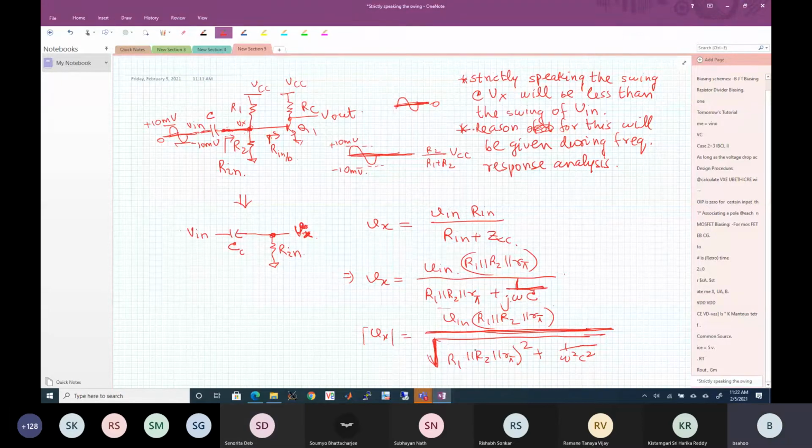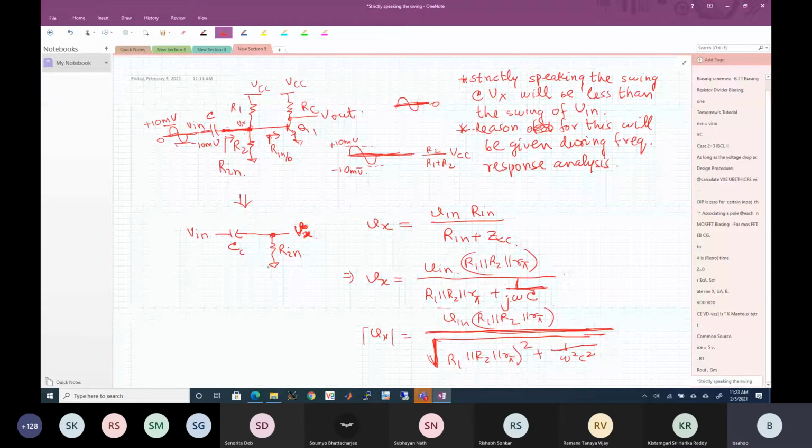So then this is what you are getting for Vx. Now watch, how should you size the capacitor? The goal is, if we want all of V to reach Vx, that means 1 by omega squared C squared should be much smaller than R1.